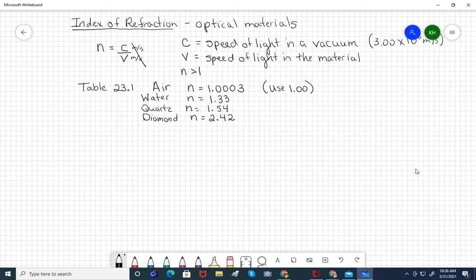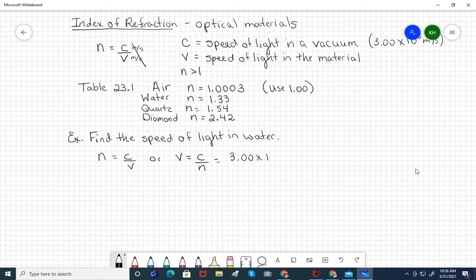For example, if you wanted to find the speed of light, or any electromagnetic wave, it doesn't have to be visible light, in water, we know that N is C over V, or we could rearrange that and say that the speed in the material is C divided by N. So 3.00 times 10 to the 8th meters per second divided by 1.33.